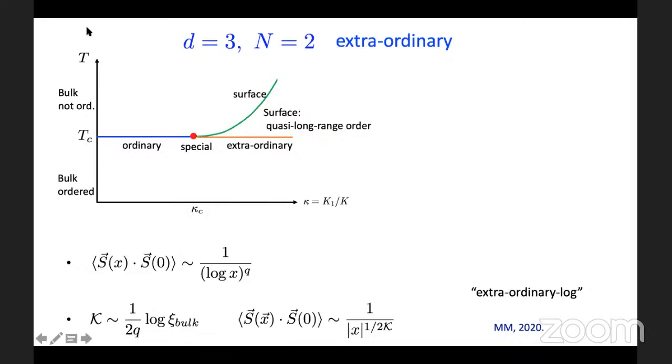Can I maybe also, because you're interrupted all the time, so maybe I'll add to the disruption. Just to carry on this question that Nathan had. Basically what I was saying is that when you're approaching the extraordinary line, the thickness of the boundary layer sort of grows and interaction between spins grows. So indeed it's Lagrangian. Basically capital K is the effective interaction constant between surface spins.